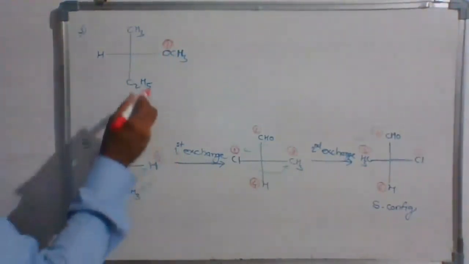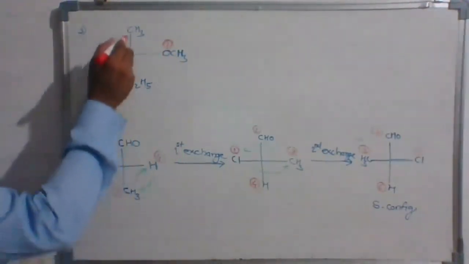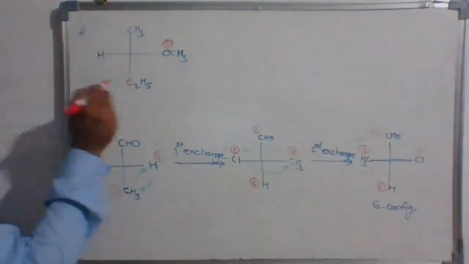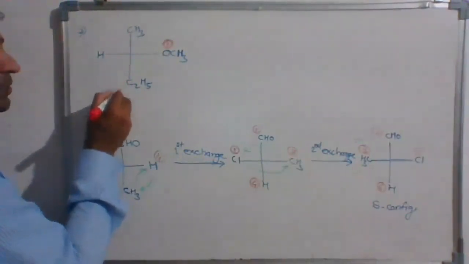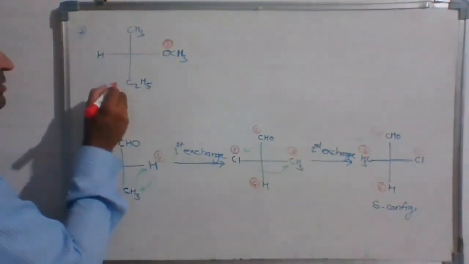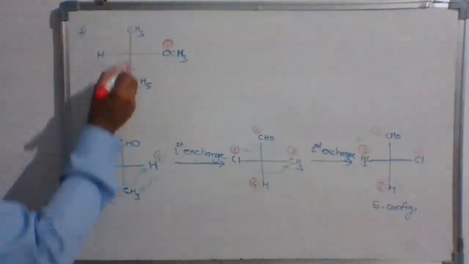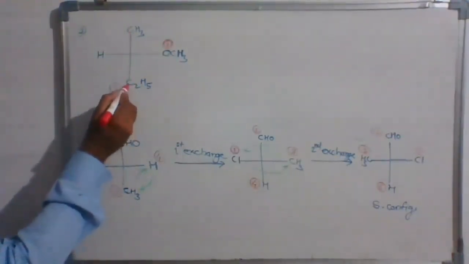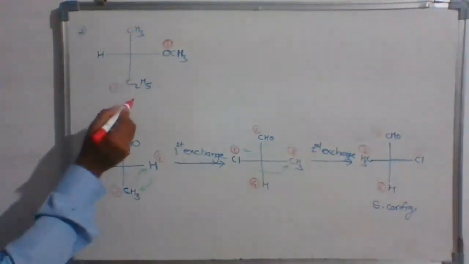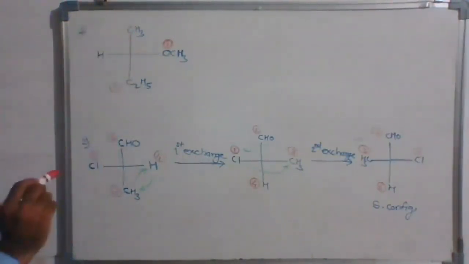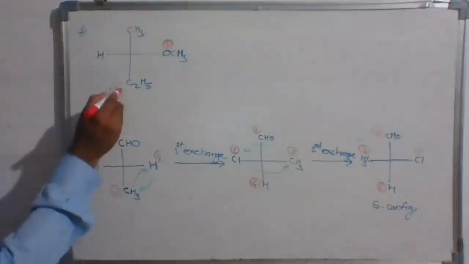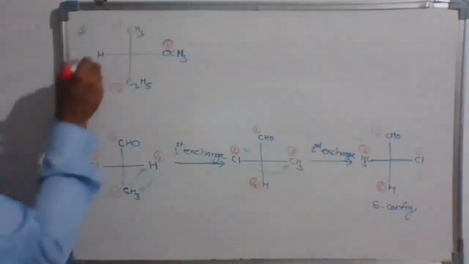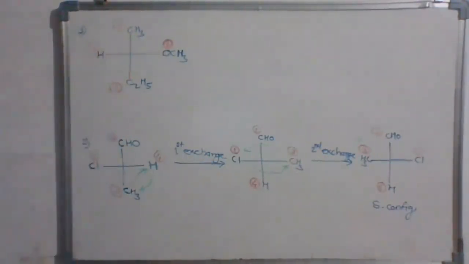Then second number will be assigned to methyl or ethyl? Yes, ethyl. Ethyl group will take second number because directly attached atoms are same, carbons. Next atom here is carbon and two hydrogens. Here all the three are hydrogens. So ethyl group will take second priority. Methyl will get third priority and hydrogen will get fourth priority.